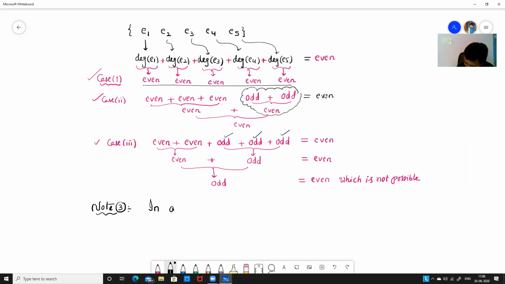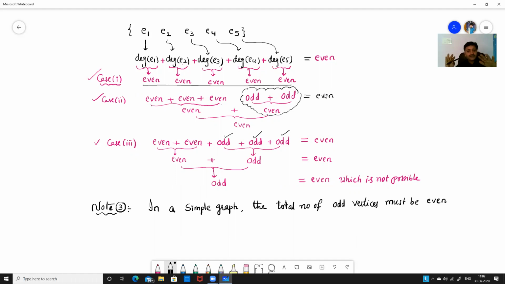In a simple graph, the total number of odd vertices must be even. What does it mean? The total number of odd vertices must be even.